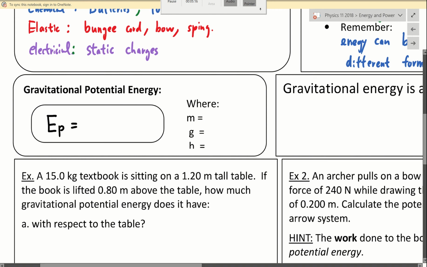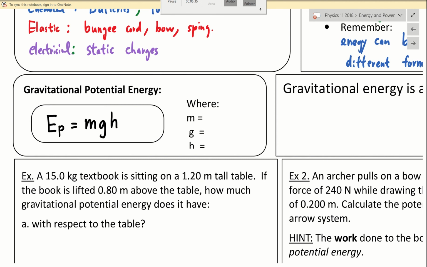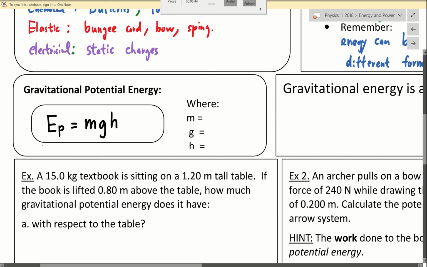So potential energy is based on the height of an object, how heavy the object is, and what planet you are nearby. Those three things: mass, gravitational field, and height, mgh. This, if you recall, is exactly the same equation that we developed yesterday, which is the amount of energy you need to lift something off the ground, mgh, right? The work done that you need to transfer energy to an object by lifting it off the ground.